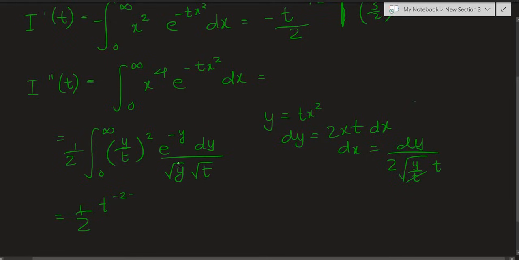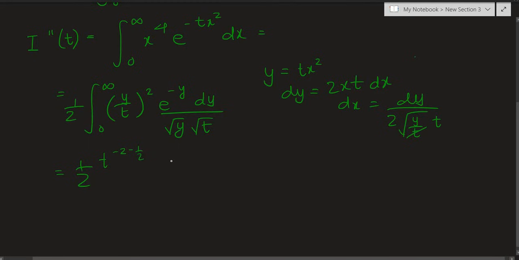and minus half, and then inside we have integral from 0 to infinity of e raised to negative y. We have y squared, so y squared minus half dy. So this is basically y to the 4 minus 1 by 2, so 3 by 2, which can be written as y to the 5 by 2 minus 1. So this is gamma of 5 by 2 basically.